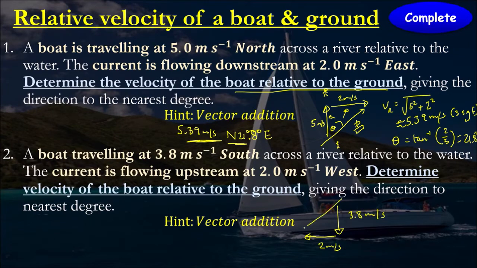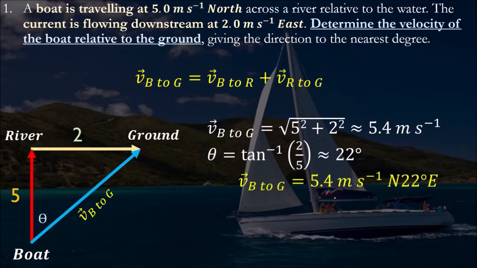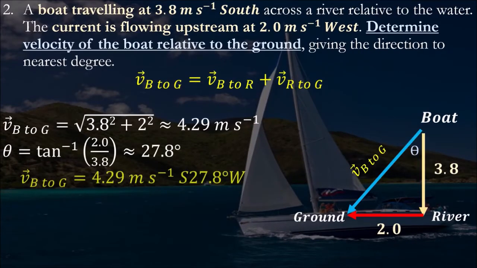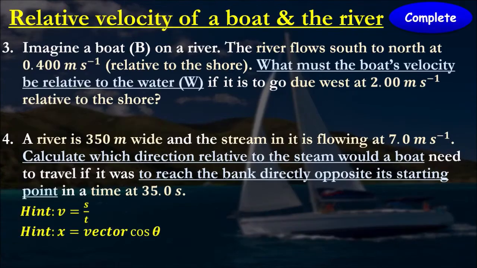And so the resultant direction is this one, and theta would be this one here, because remember, theta is always where the arrow starts. So for question 2, if you got 4.29 meters per second south, 27.8 degrees west, that was the correct answer. Let's look at something slightly different.